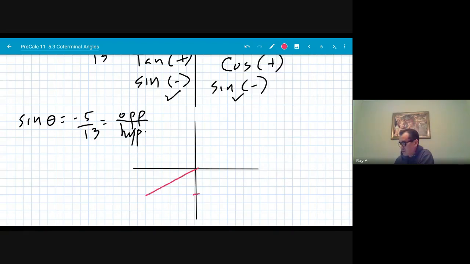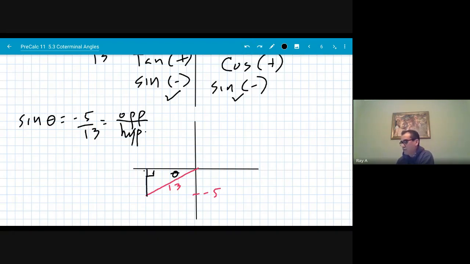So your picture would be something like this: there is your right angle, there is your theta right here, the opposite side is this side, and this one is your hypotenuse.